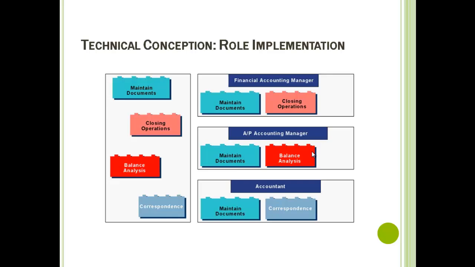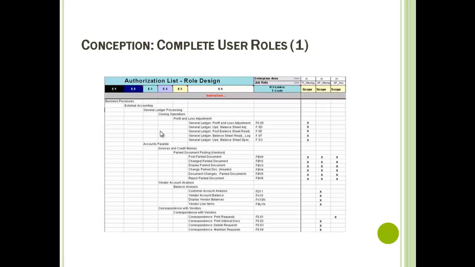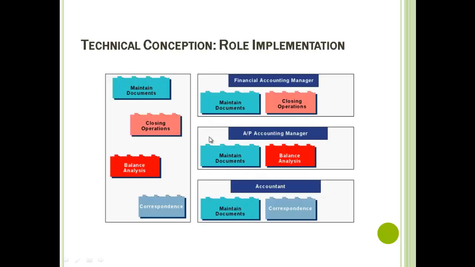The next phase is the role implementation phase. In this phase, we will create different single roles, like what we have seen in our previous slides. For each function we will create a single role. For example, here maintain document is a single role, closing operation is a single role, balance analysis is a single role, and correspondence is a single role.